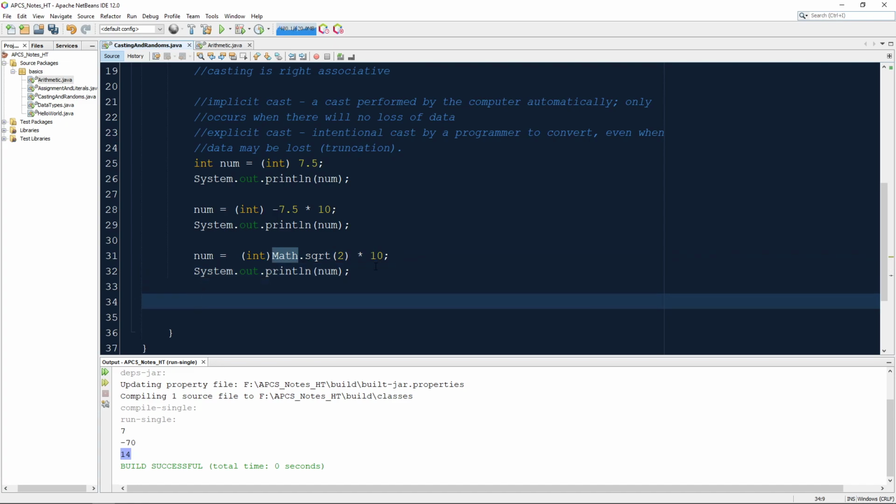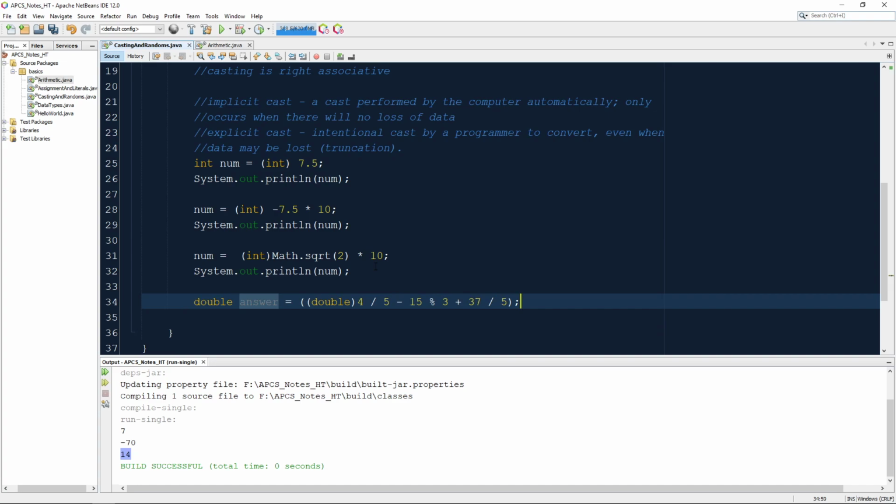And so, for example, I might do something like this. double answer is equal to, and I'll just do a complex formula, and let's try something like, here we go.